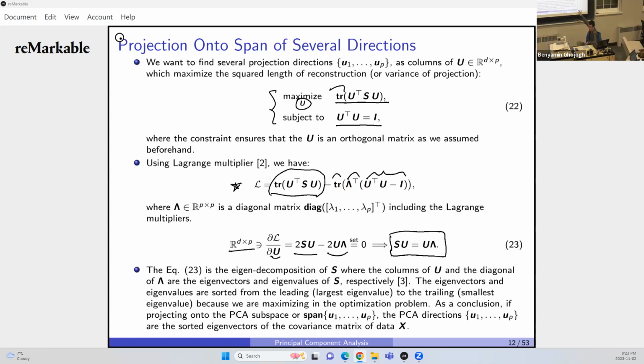This is an eigenvalue problem for S, but now U is a matrix of eigenvectors. Now I have several eigenvectors, p eigenvectors in other words. And lambda is a matrix of eigenvalues whose diagonal elements are the eigenvalues. It's a diagonal matrix.